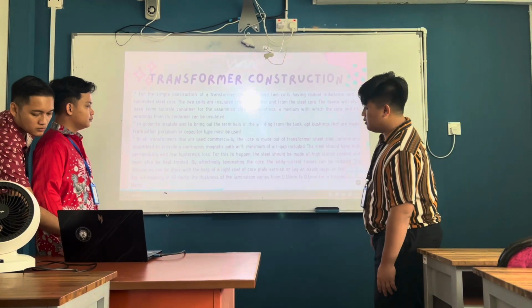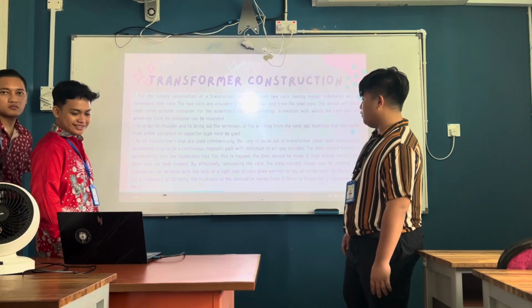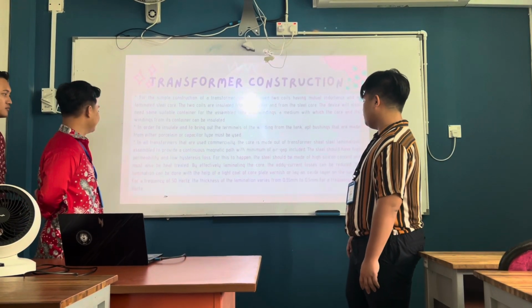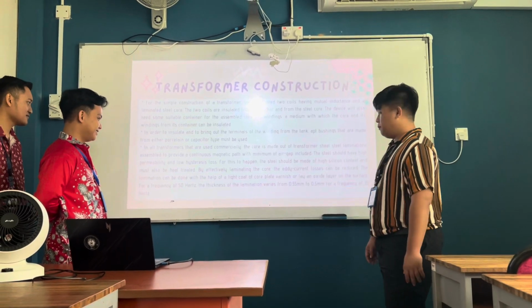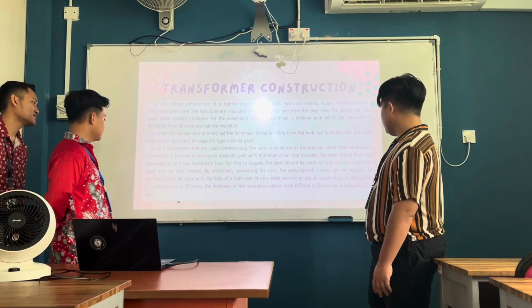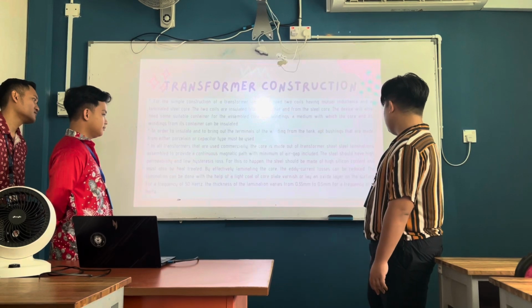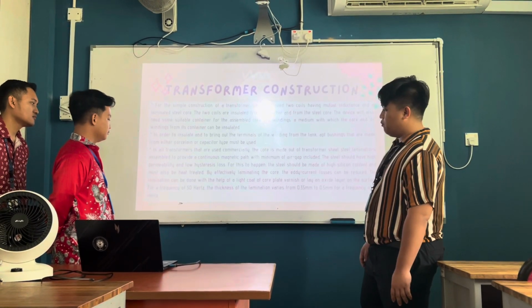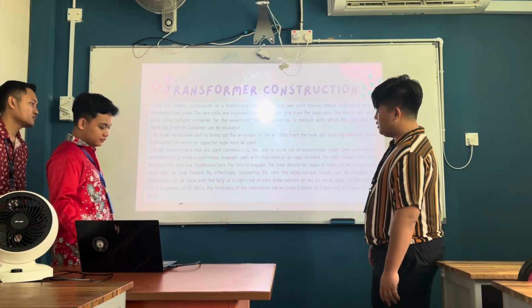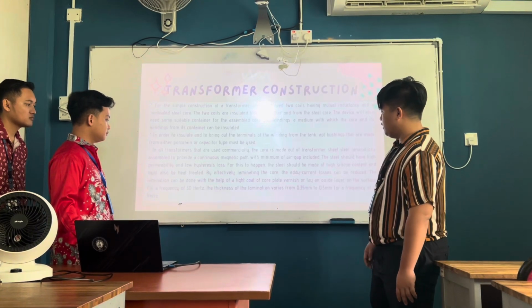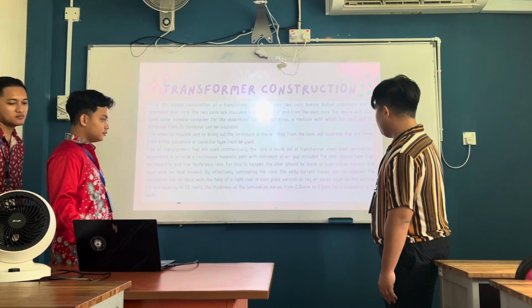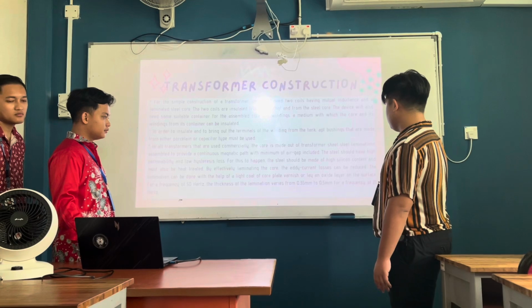The lamination can be done with the help of a light coat of core plate varnish, or by laying an oxide layer on the surface. For a frequency of 50 Hz, the thickness of the lamination varies from 0.35 mm to 0.5 mm.